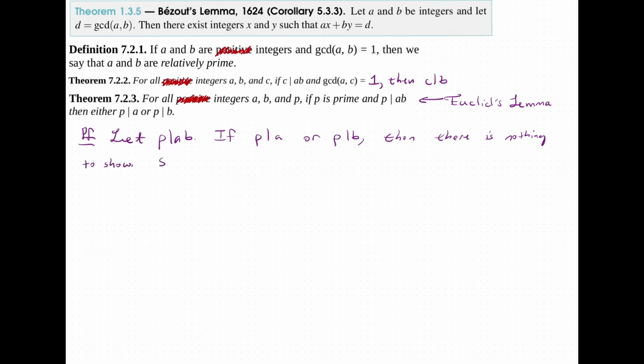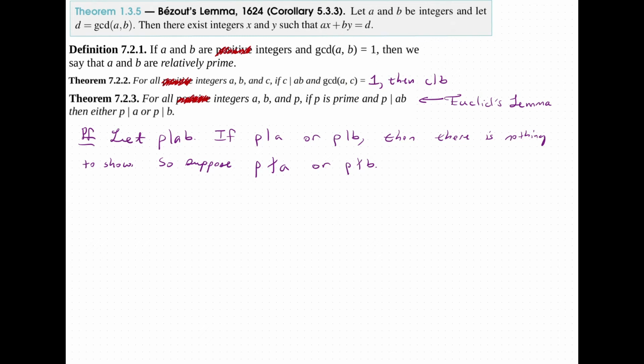And so now what we are going to do is suppose that p does not divide a or p does not divide b. So recall from chapter 3, whenever we want to prove a conditional that has a consequent as a disjunction, in this case p divides a or p divides b, then we may assume that one of them doesn't hold and show that the other one must hold. And that's exactly what we are going to do just now.